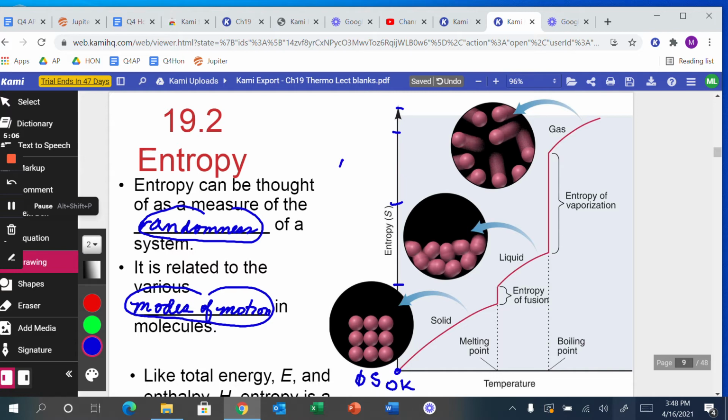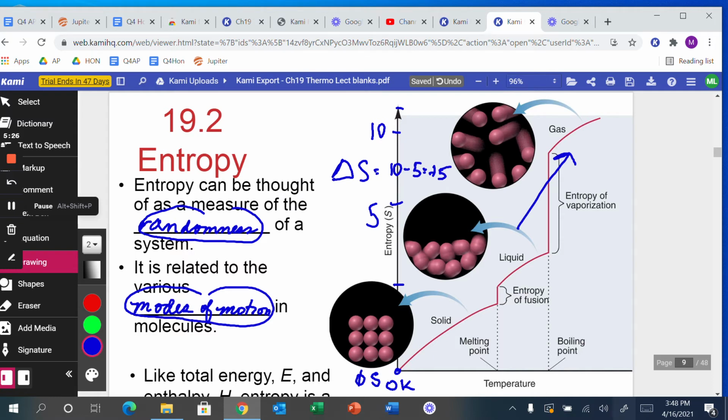But the delta S could be negative. The delta S is the change, final minus initial. So let's say this number is 10 and this is 5, and you're going from liquid to gas: 10 final minus initial 5 is equal to positive 5. So the change is positive going into gas.